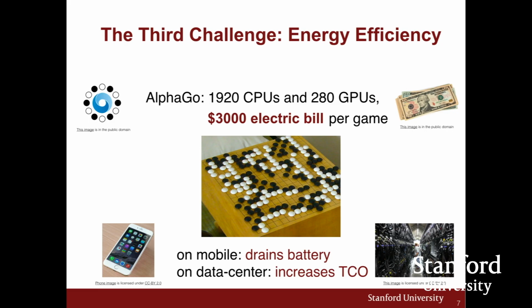On embedded devices, those models drain your battery power, and in the data center, they increase the total cost of ownership of maintaining a large data center. For example, Google mentioned in their blog that if all the users used Google Voice search for just 3 minutes, they would have to double their data centers. So that's a large cost, and reducing such cost is very important.